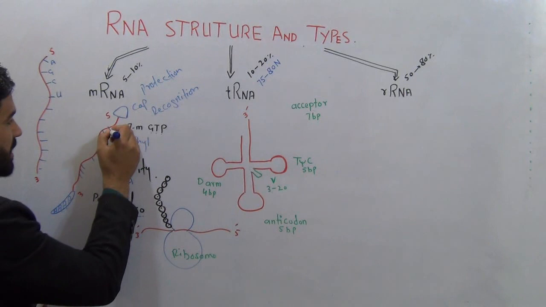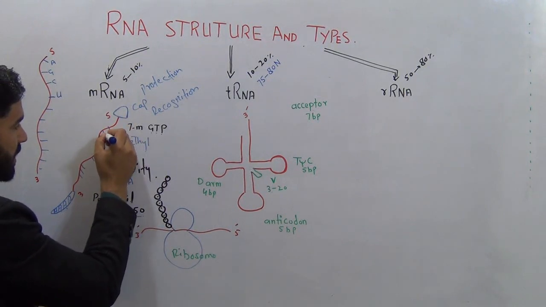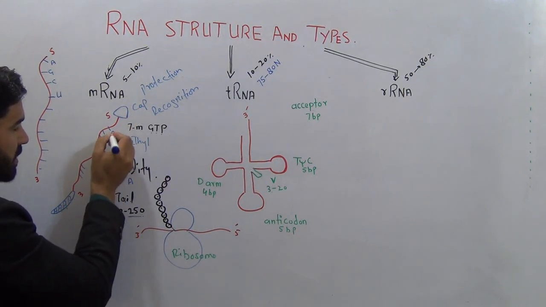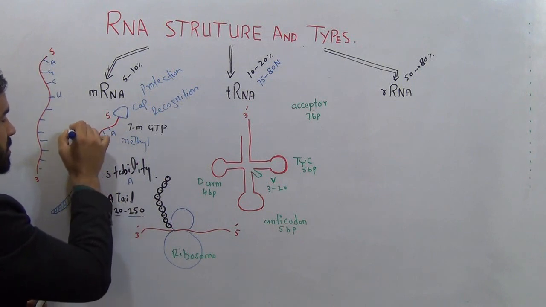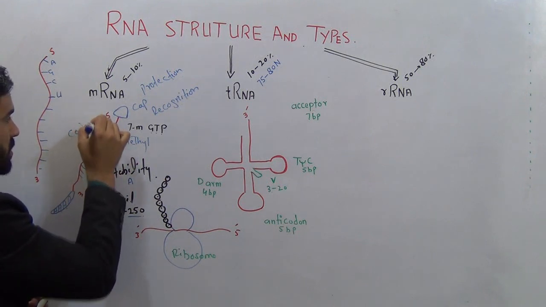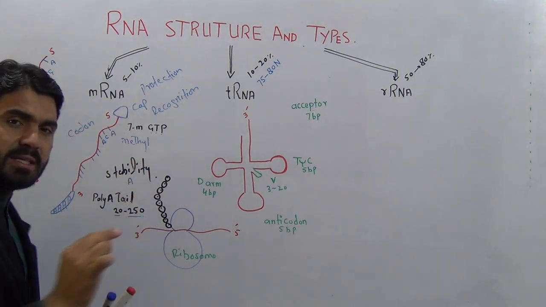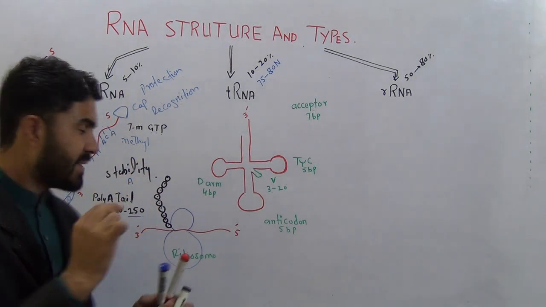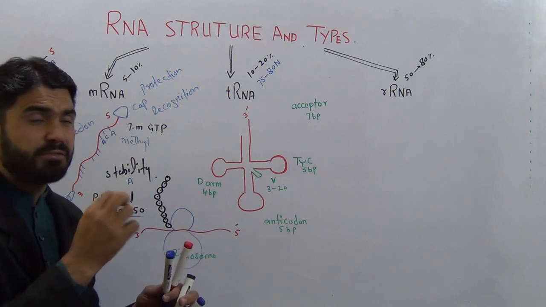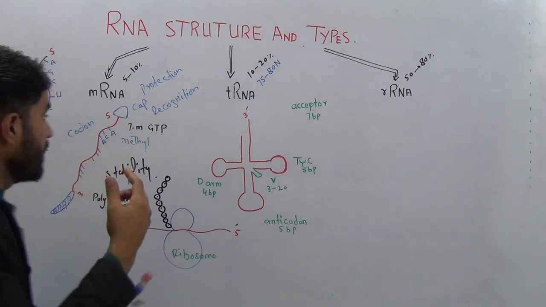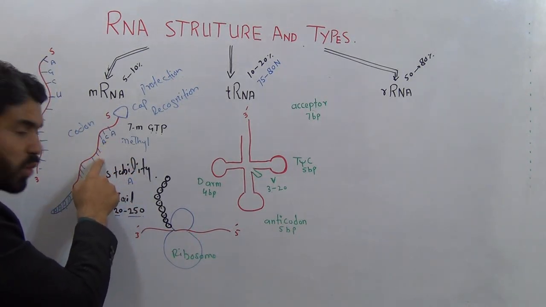Here, if you see, there is adenine, here cytosine, and again adenine. So ACA, this is called a codon. And this codon represents a code that has been derived from the DNA. Fine. So we call it a codon.